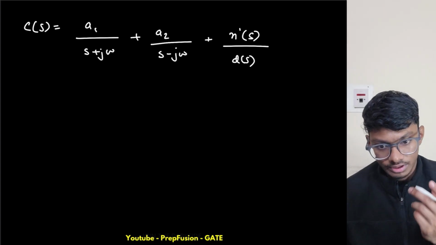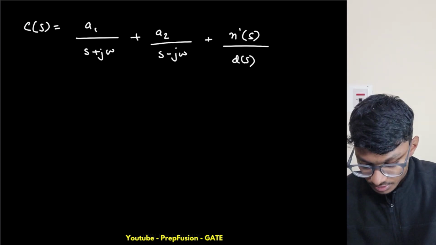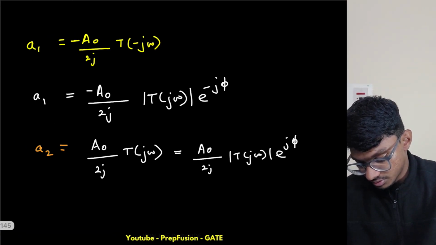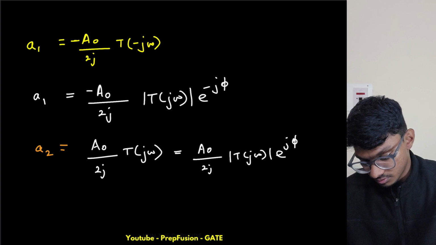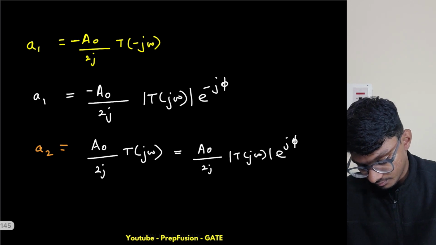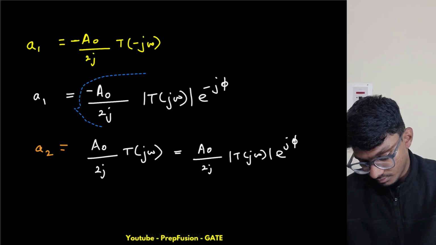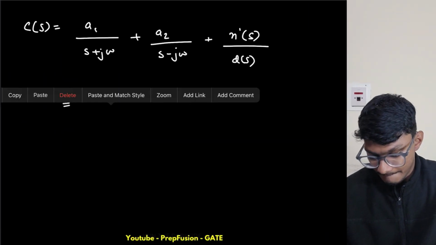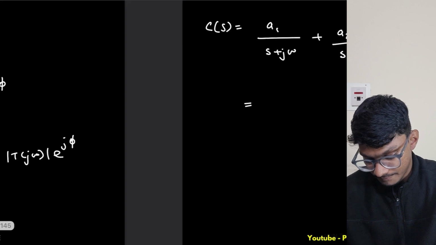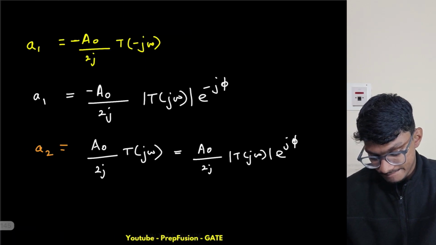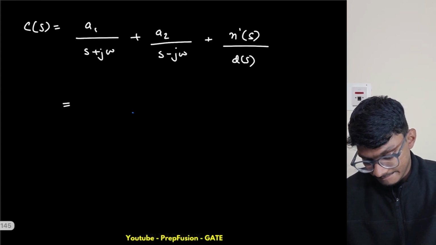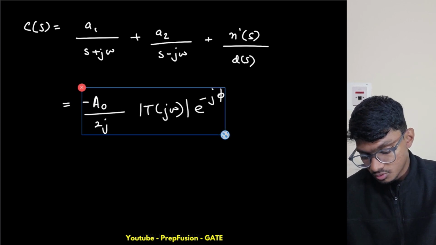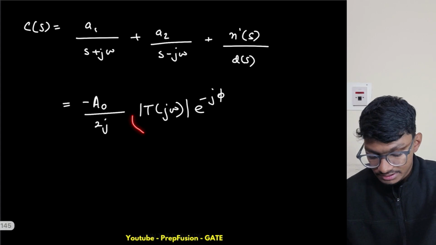If I replace my e1 and e2 here, what do I get? e1 is equal to this one only, so we'll copy this one here. This is a constant term.